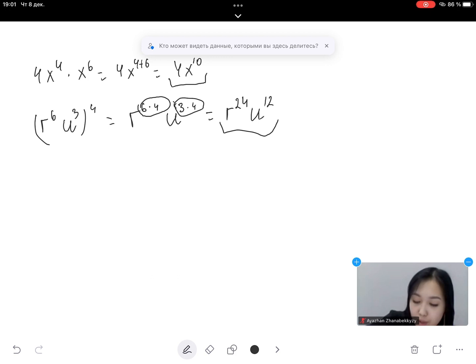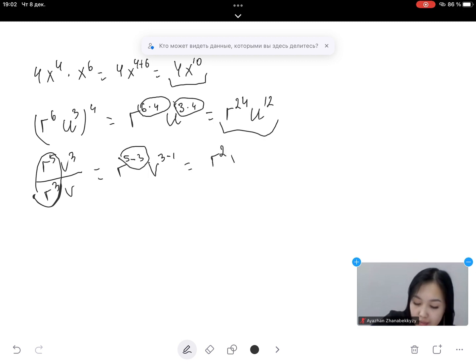And next example, r to the power of 5 v to the power of 3 divided by r to the power of 3 multiplied by v equals r to the power of 5 minus 3, multiplied by v to the power of 3 minus 1, and equals r to the power of 5 minus 3, 2, multiplied by v to the 3 minus 1. This is the answer. So that's all.